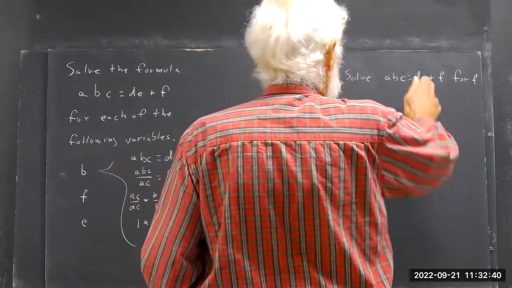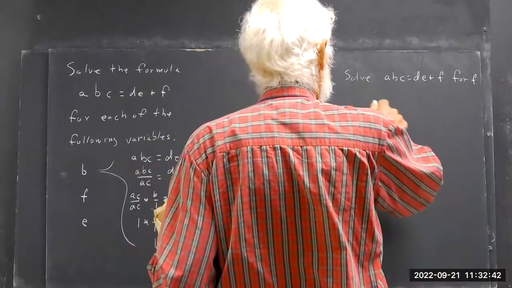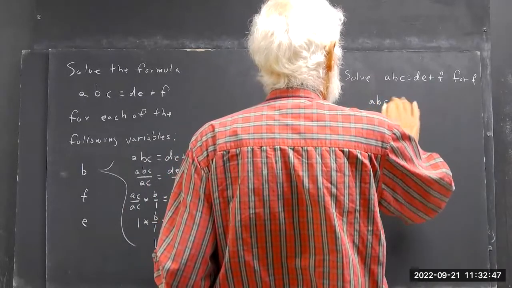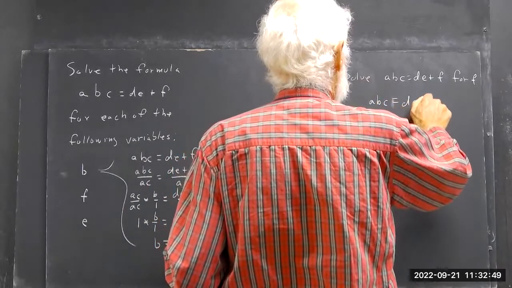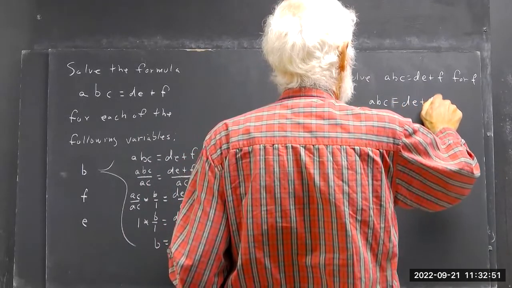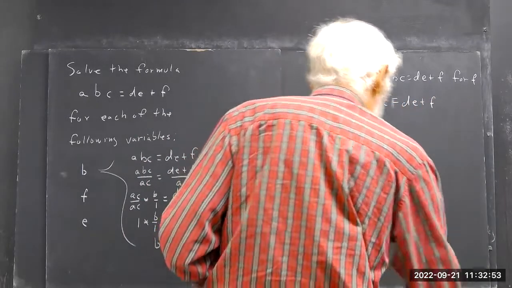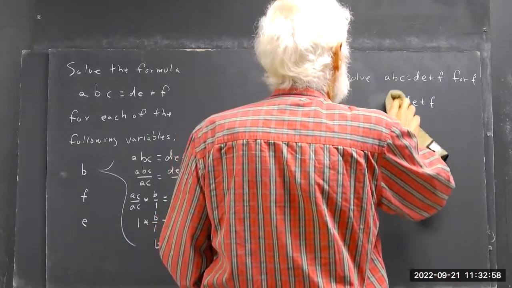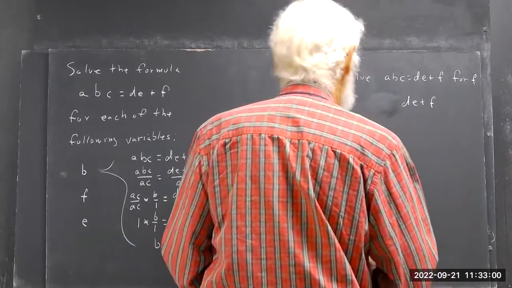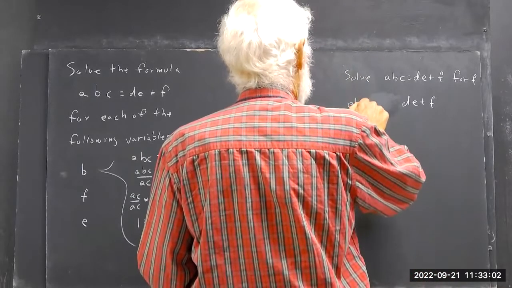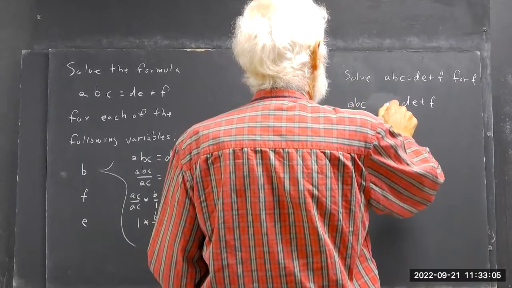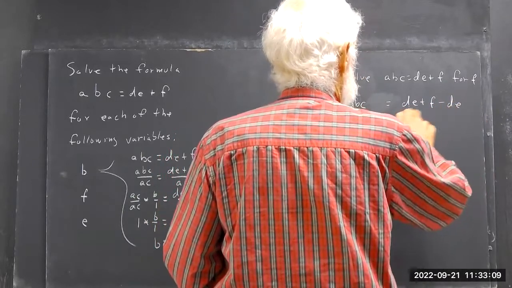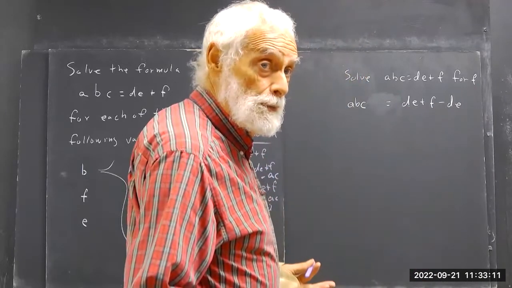Okay, now to undo this, well, I can subtract DE because DE minus DE is 0.